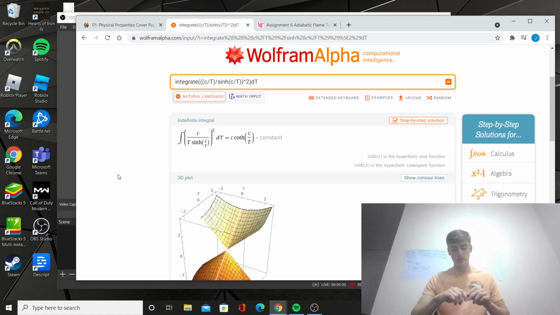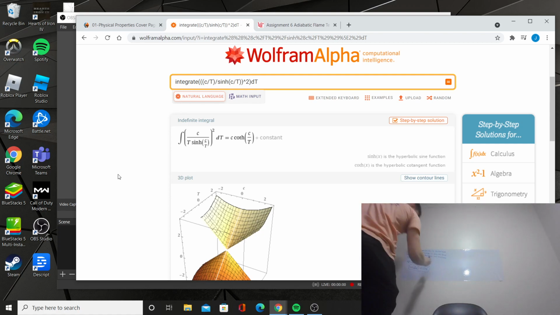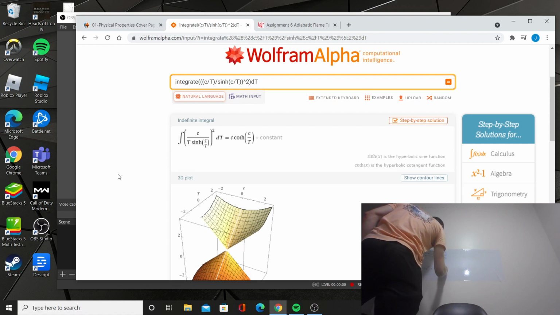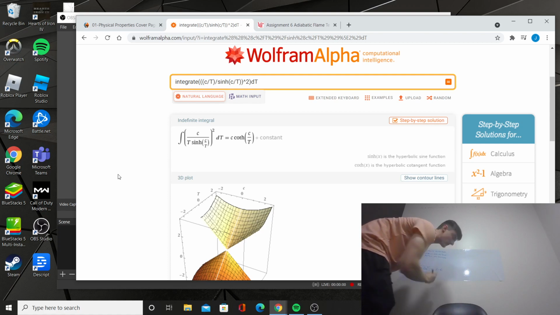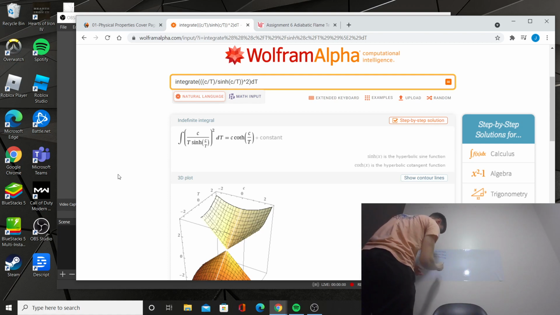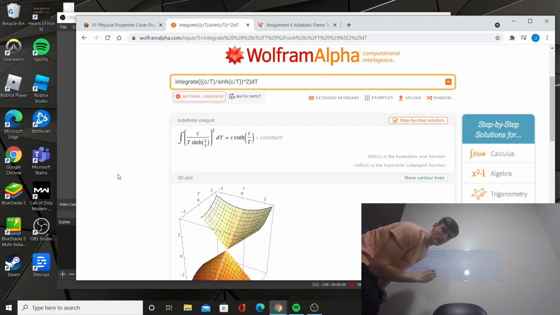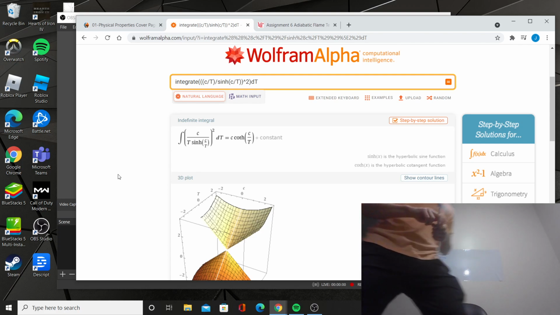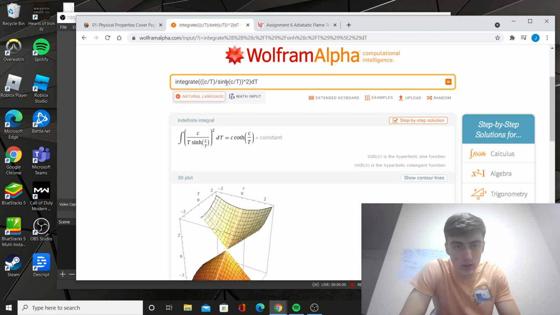So that will be our equation there. Then we have times C times the hyperbolic cotangent of C over T, plus, here, instead of sine, the hyperbolic sine, we have the hyperbolic cosine.